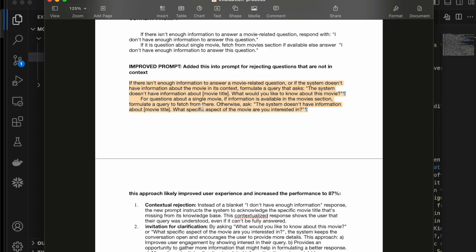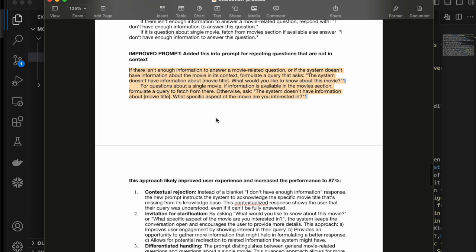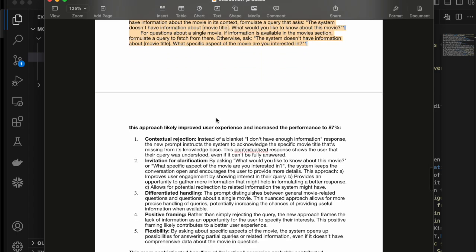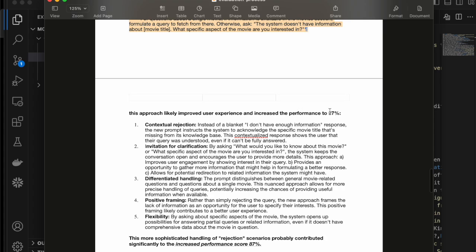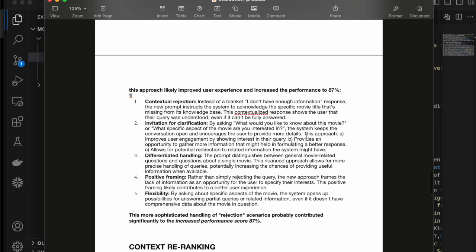This is a kind of movie classification, a zero-shot prompt engineering technique, which can be used to reject queries that are not related to movies. This approach increased performance from the initial 60% to 87%, which is also very good.